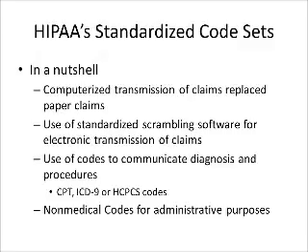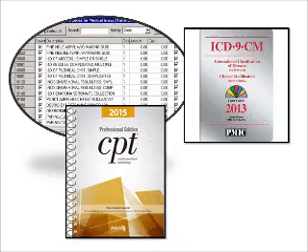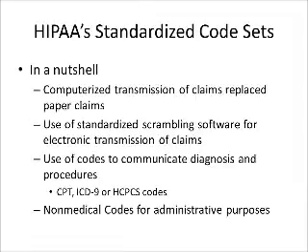And then also the use of codes for diagnoses and procedures. And these are our CPT or ICD-9 or HCPCS codes, or as of October 2014, our ICD-10 codes. And then non-medical codes for administrative purposes.